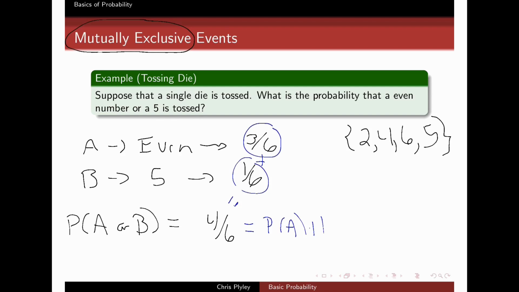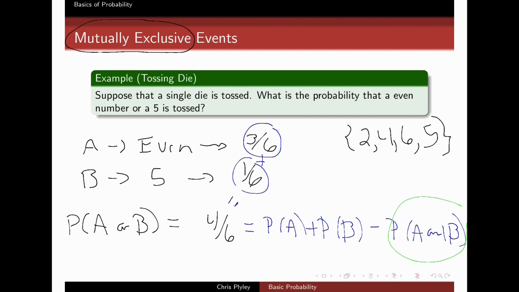And you say, well, what happened? You told me P of A plus P of B minus the probability of A and B is the way we calculate a probability like A or B. And the answer is that this is the same thing that we did here. To show that, just think, what is the probability of A and B occurring in this case?